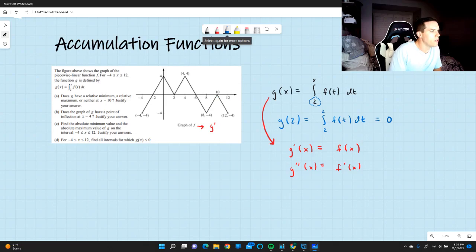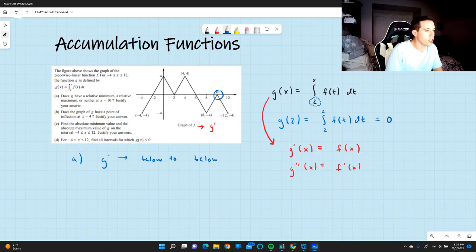So does g have a relative min, a relative max, or neither at 10? Remember, it's asking about g, and this is g prime's graph. So g prime in this problem goes from below the x-axis to below. It doesn't change sign.